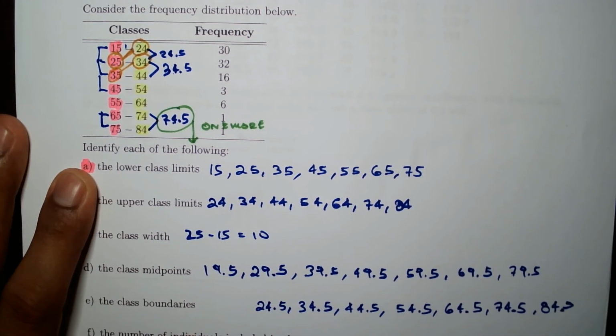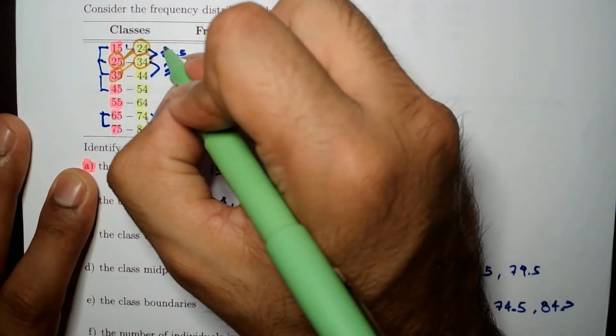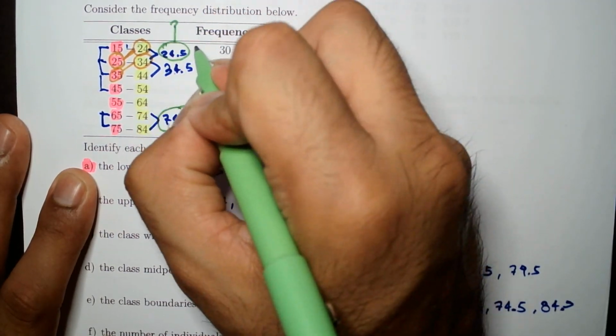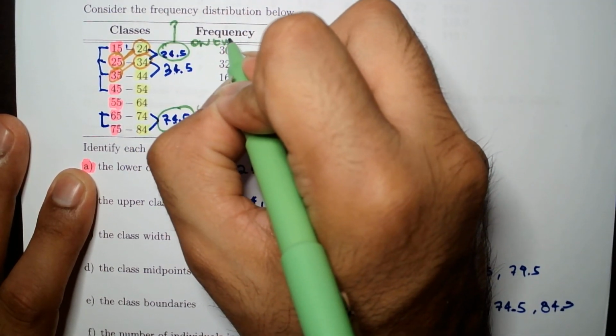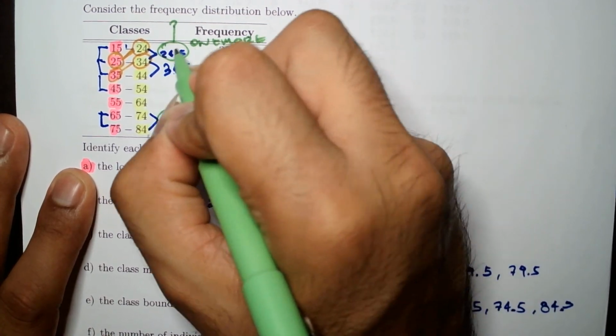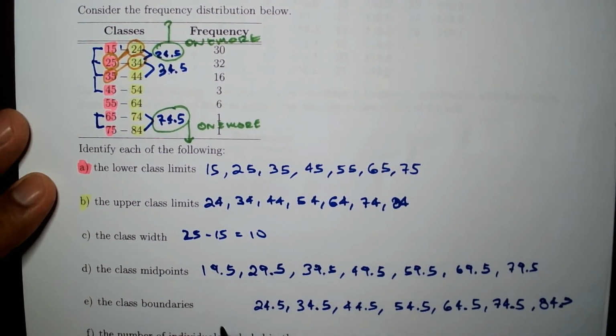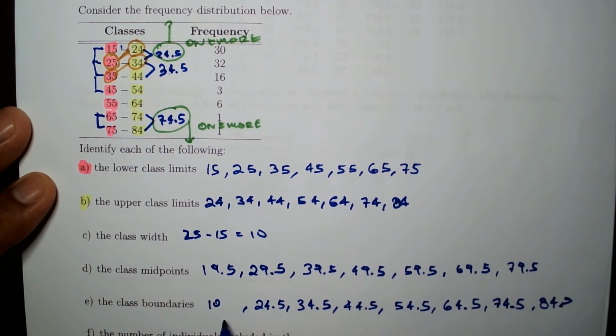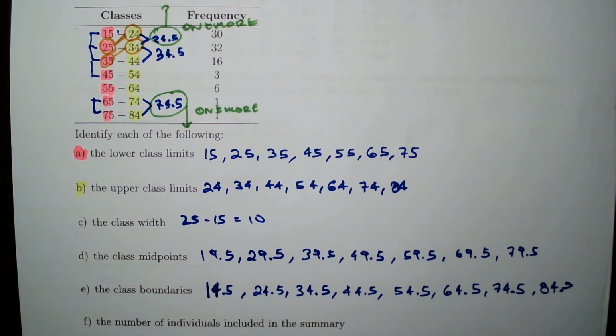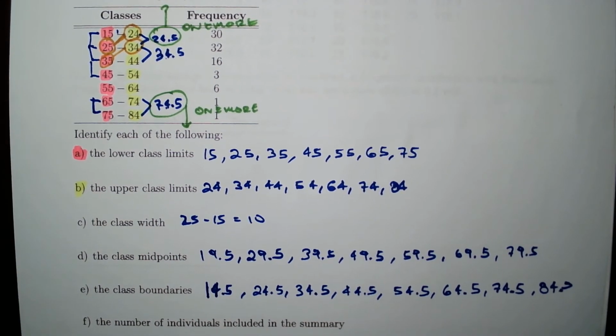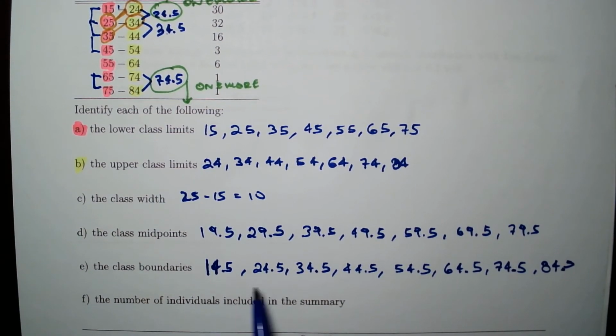So we do one less than the smallest. In this case, subtract 10 to get 14.5. All right, so that's why I left this space blank, to fill in those numbers. So those are the class boundaries.